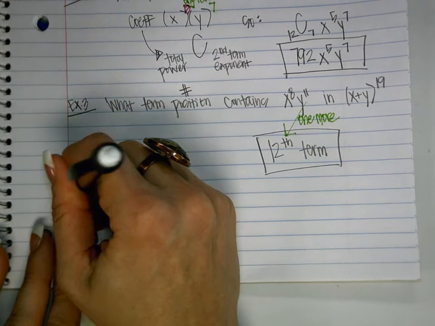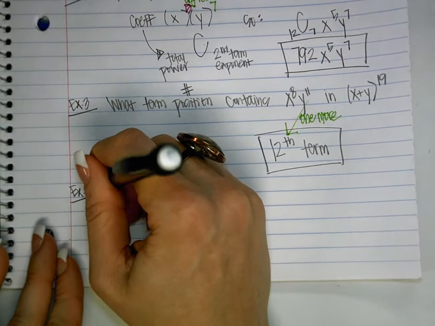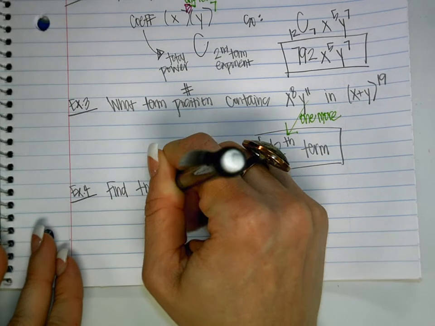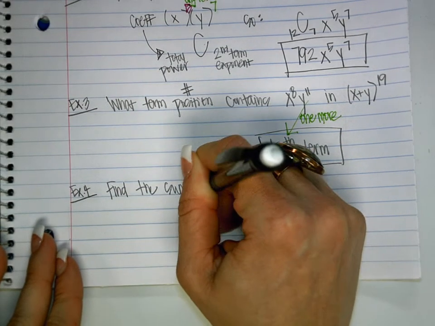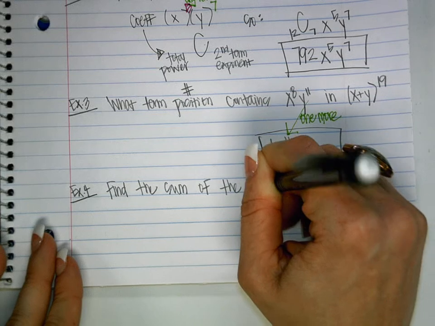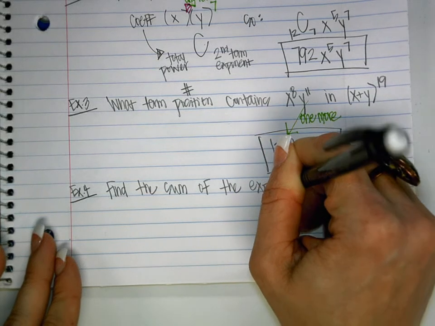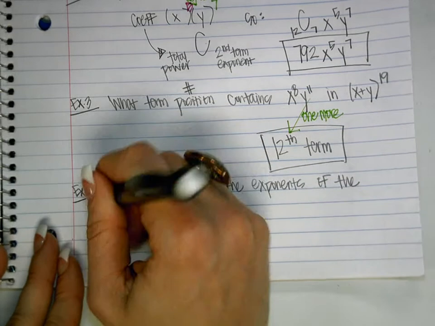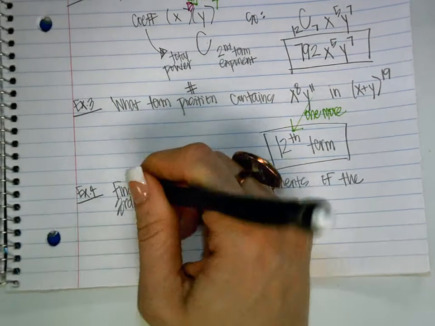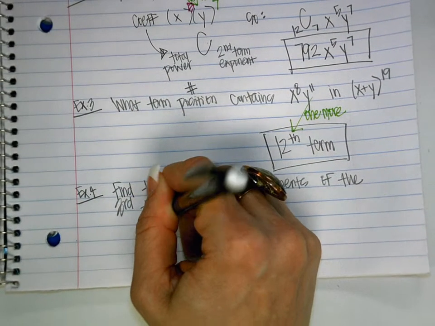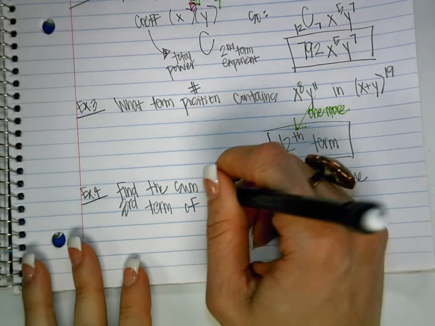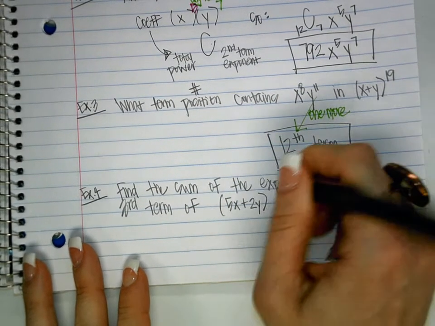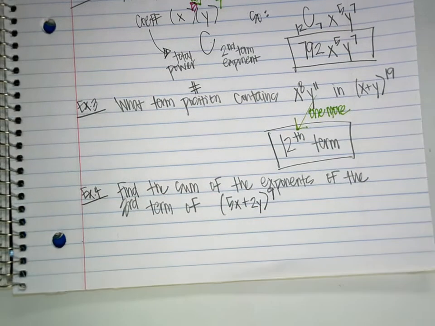For number 4, I want to know, find the sum of the exponents of the third term of (5x plus 2y) to the 9th power.